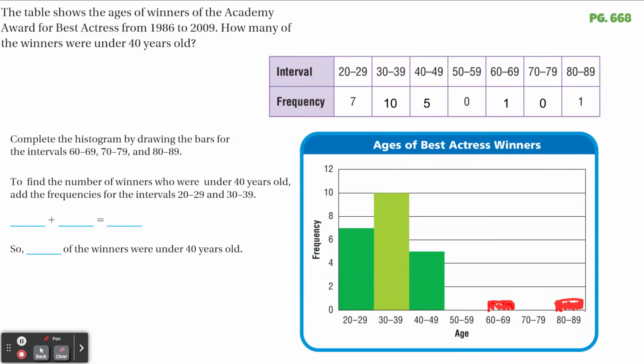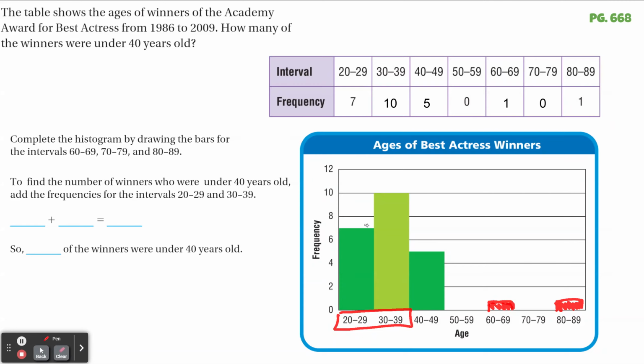and now we need to find the number of winners who were under the age of 40. So again, we're going to be looking at just these two, 20 to 29 and 30 to 39, and we need to add the frequency of those together. So go ahead and look to see what is the frequency of 20 to 29 and what is the frequency of 30 to 39.